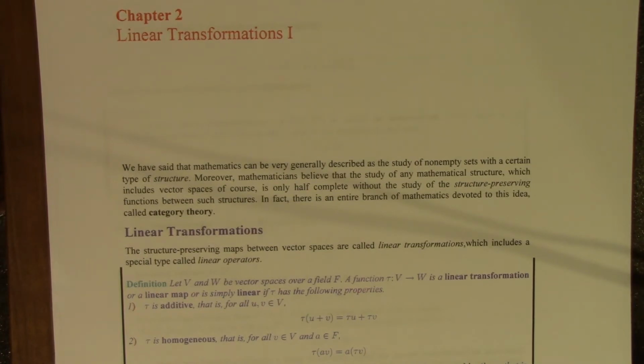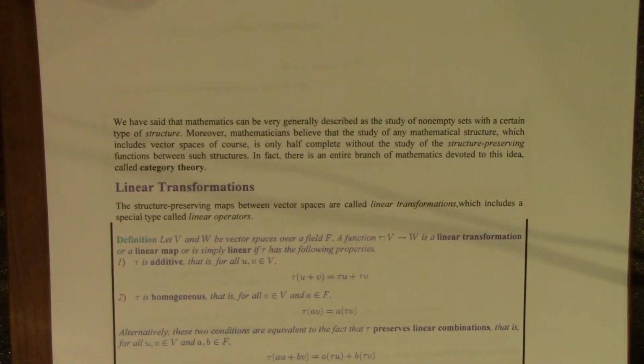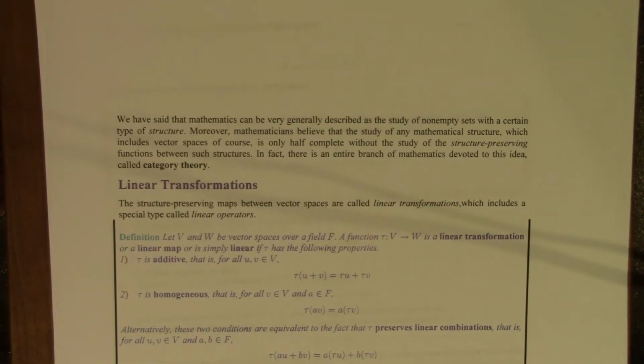In fact, there's an entire branch of mathematics devoted to this idea. It's called category theory, where the functions between objects, known as morphisms, play an equal role with the objects themselves.